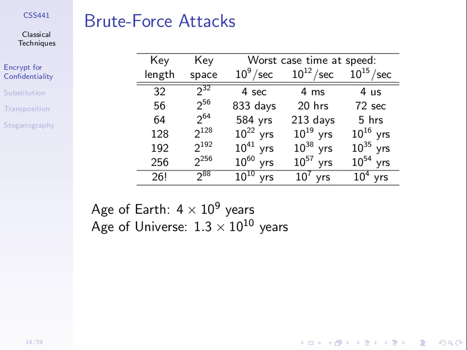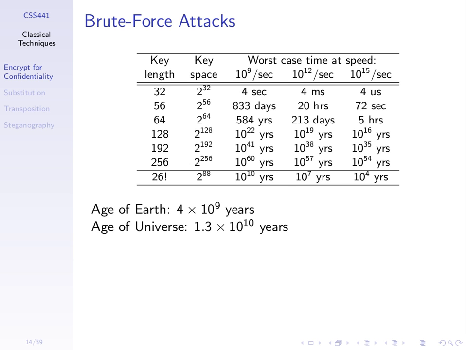A real cipher that was very popular, the Data Encryption Standard, we'll see in the next topic, used a key length of effectively 56 bits. With my computer, it may take a few years to do a brute force attack, but people create dedicated hardware for doing the decryption much faster, and it can be broken in a matter of hours today. So 56 bits is not enough.